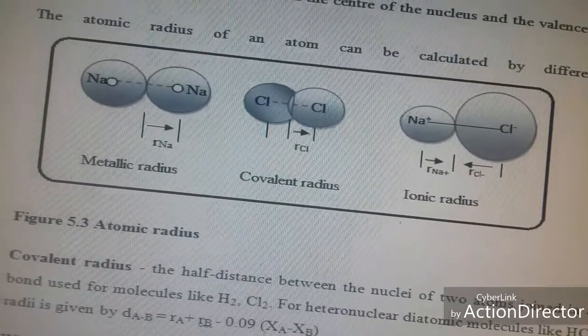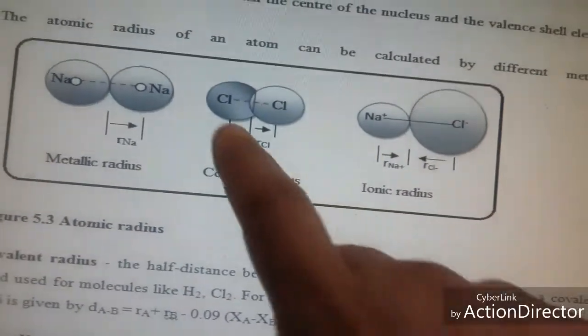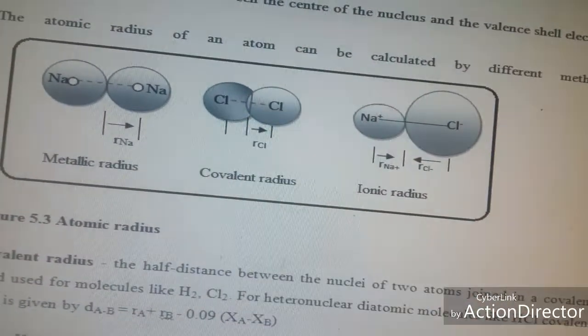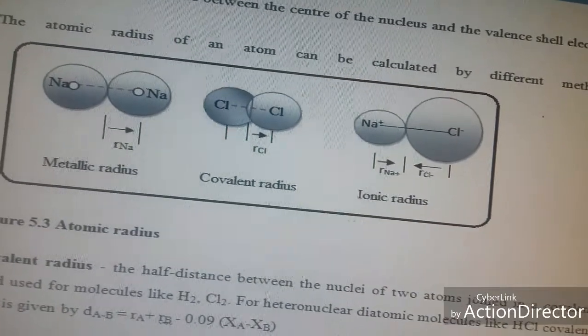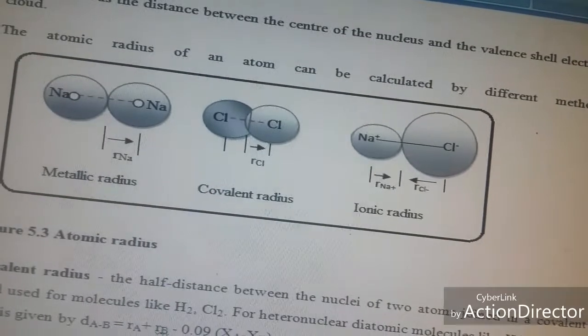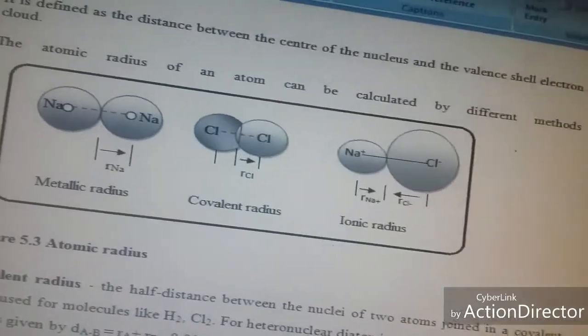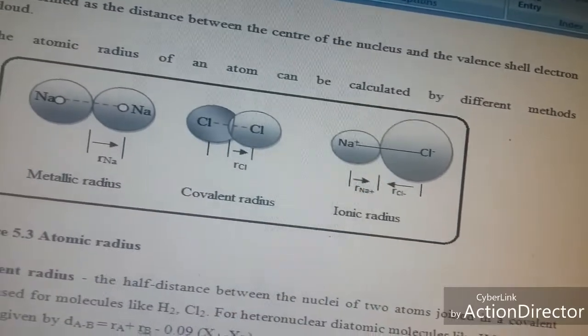Covalent radius is half the distance between the nuclei of two atoms joined in a covalent bond, and you can see here I have taken chlorine, or you can take H2 also. Such molecules will show covalent radius. And ionic radius is the distance between the centers of the nuclei of ions.